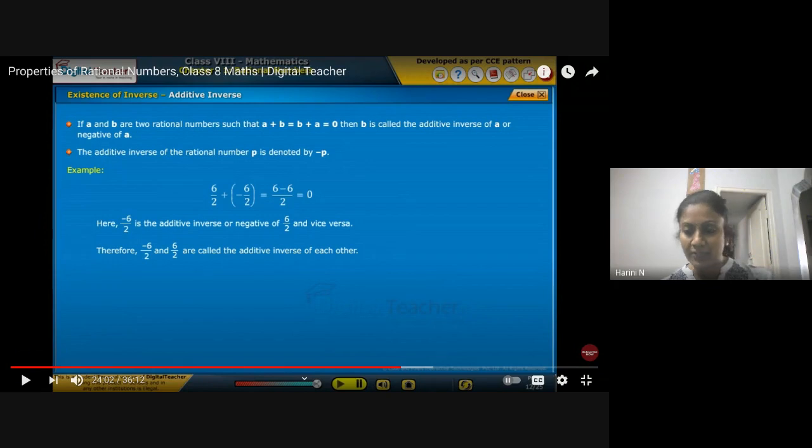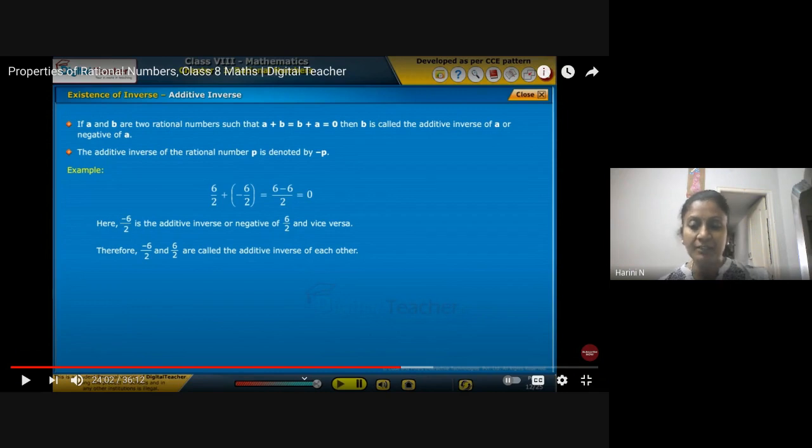So I hope you understood what is an additive inverse. So when I take a rational and I just take the negative of that rational, it becomes the additive inverse. Suppose I take 6 by 2, the additive inverse will be negative 6 by 2. If I take negative 2 by 3, its additive inverse will be positive 2 by 3. That means when you want the additive inverse of any rational, you just have to change its sign.